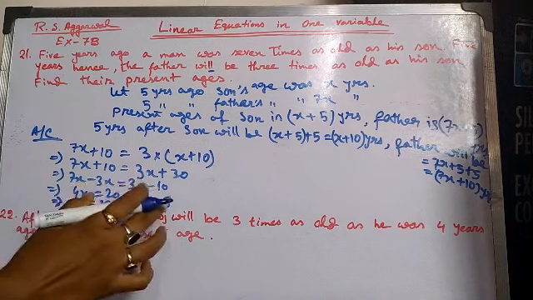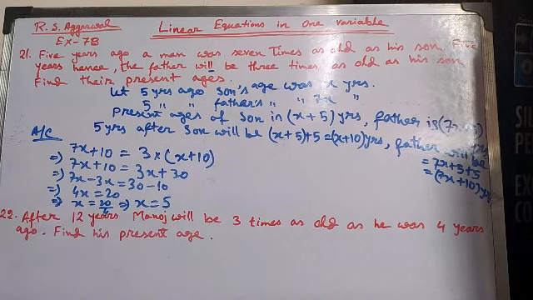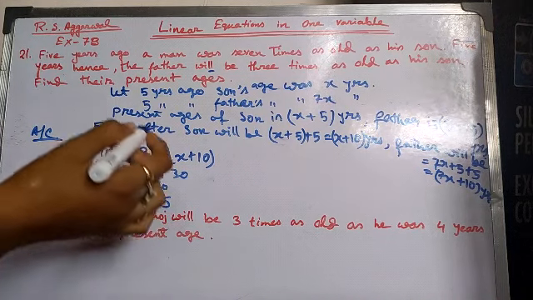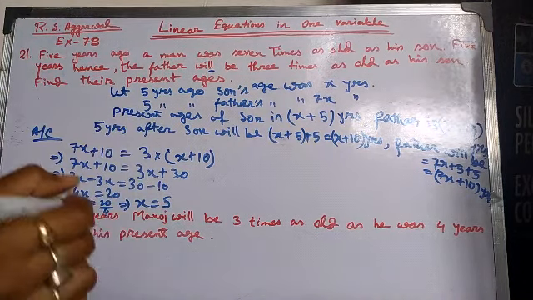So x equal to 5, that means this is the son's age 5 years ago. We have to find out the present ages.